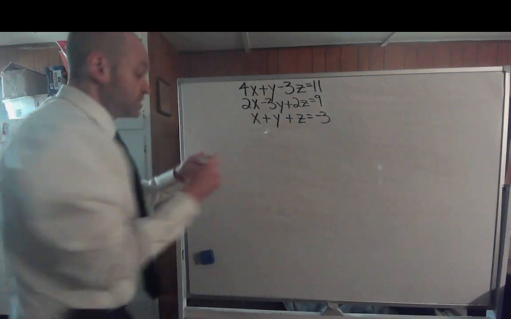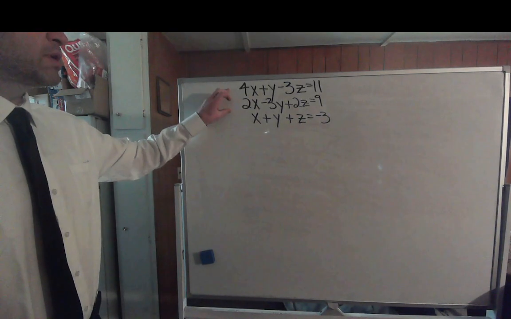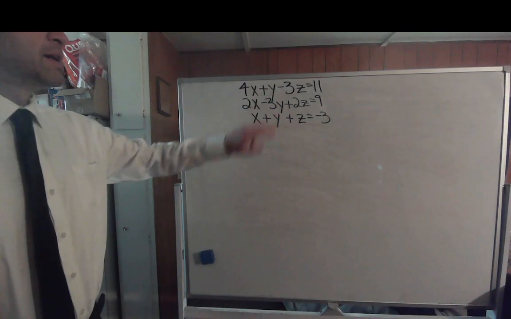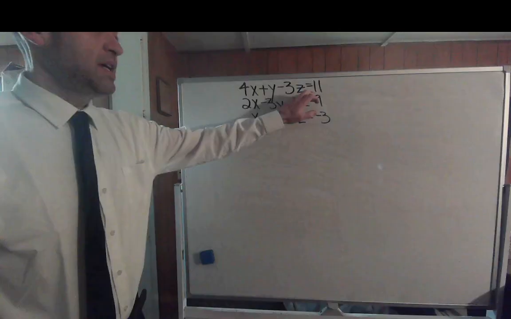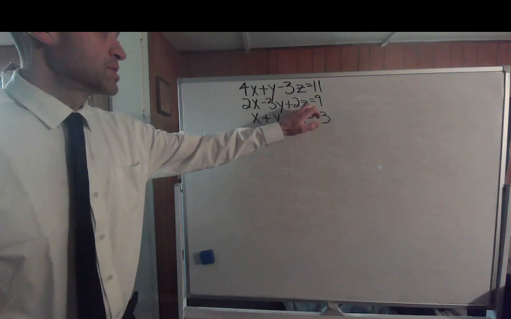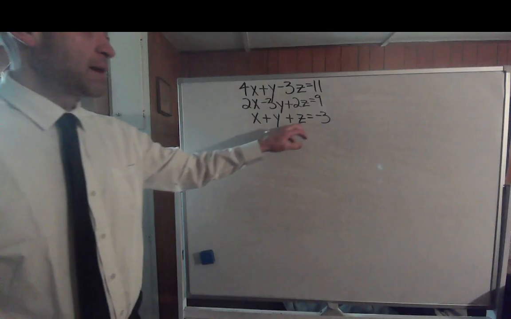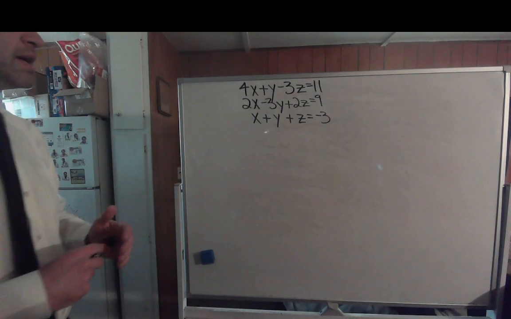Okay, so we have all three variables present. So we have 4x plus y minus 3z equals 11, 2x minus 3y plus z equals 9, and then we have x plus y plus z equals -3.